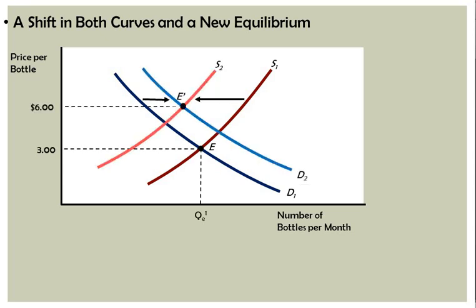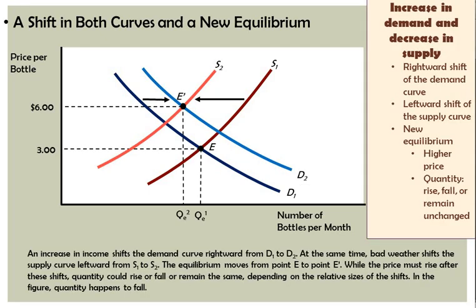Okay, if we're going to work the demand and supply together, this is the note about the graph. An increase in income shifts the demand curve rightward from D1 to D2. So, dahil nga tumataas ang income o tumataas ang allowances natin, obviously, tumataas din yung ating demand. Why? Because we have the capability to pay or to buy certain products.